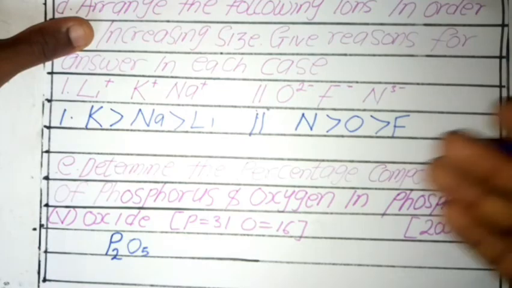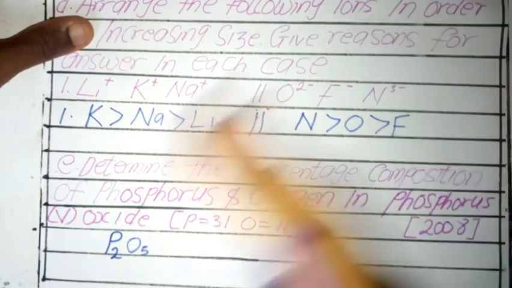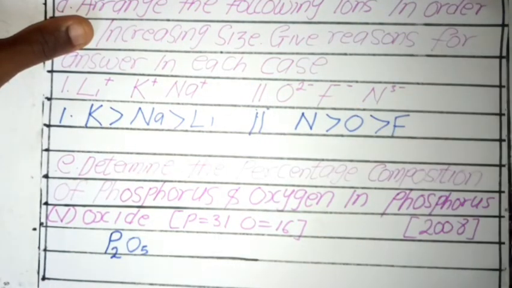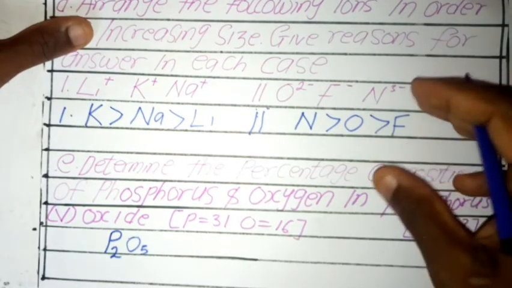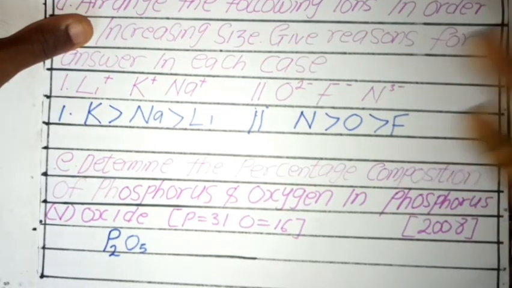And in order to calculate, you calculate the percentage for phosphorus and oxygen. So it's going to be like this.